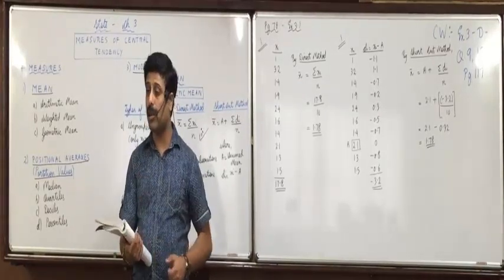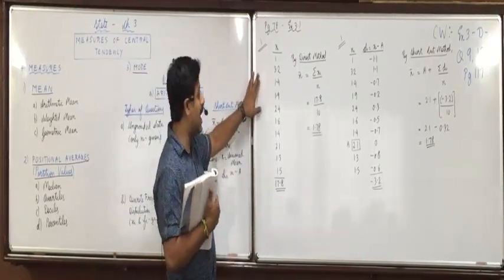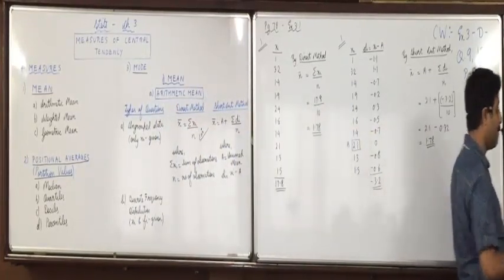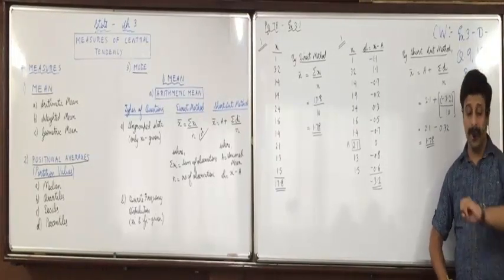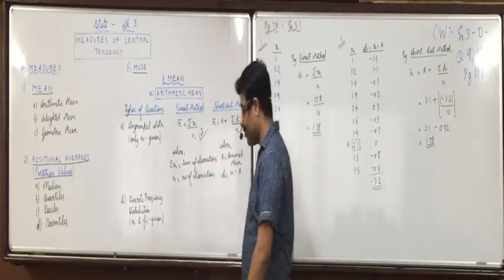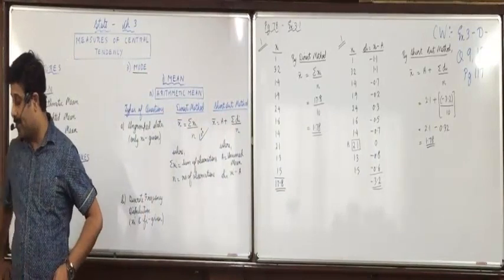So find out the mean on your own. Note down the xi, do it by the direct method only, sigma xi upon n. Time limited, within 2 minutes it should be done, 3 minutes. Not more than that. It's a very simple question.